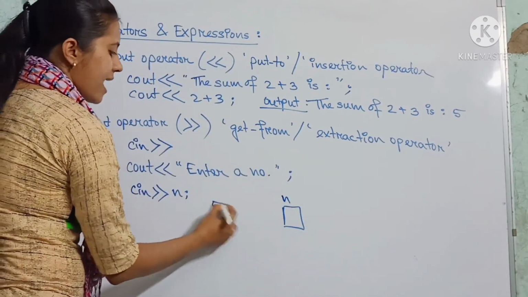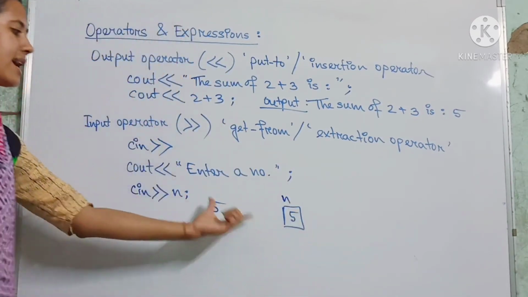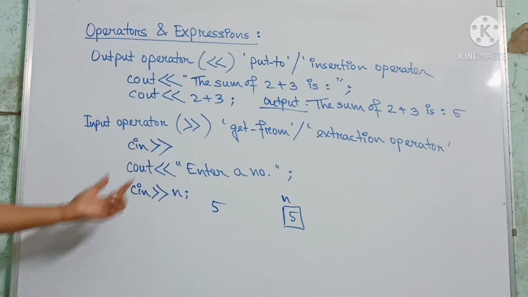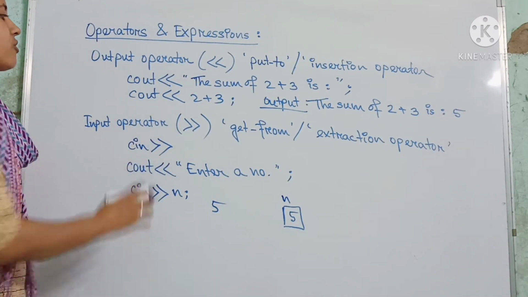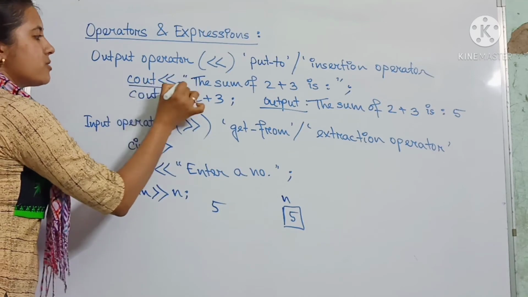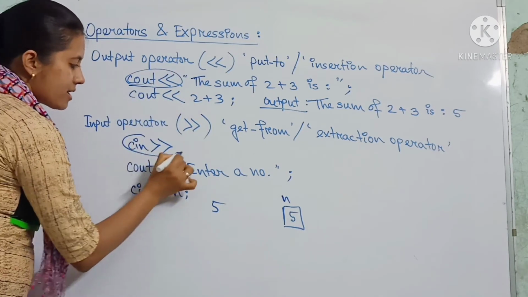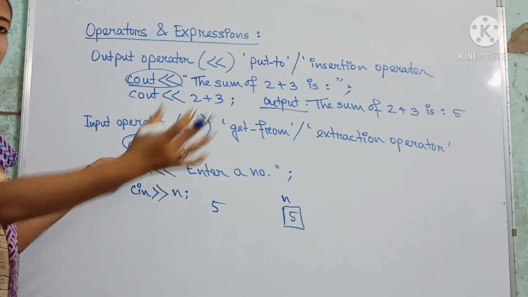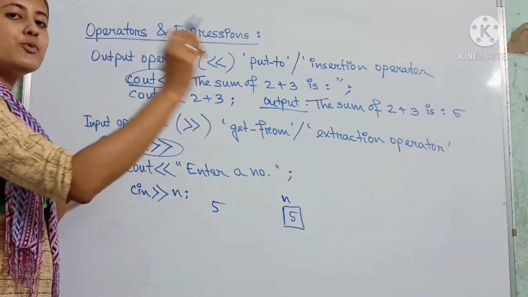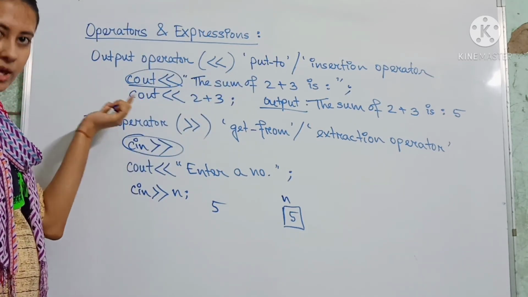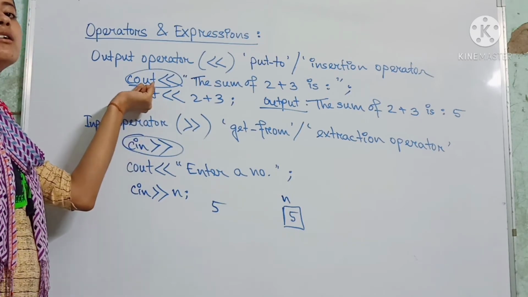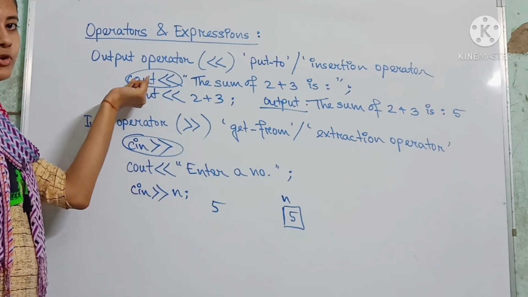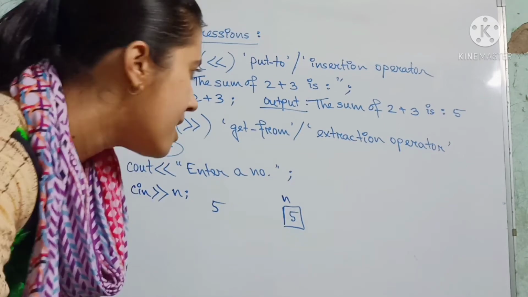Suppose the user enters 5, so 5 will be stored inside n. Clear? So this is the use of cin and cout. Always remember, this operator is used with cout and this operator is used with cin. Cin means to get the input, cout means to put the output on the monitor or screen.